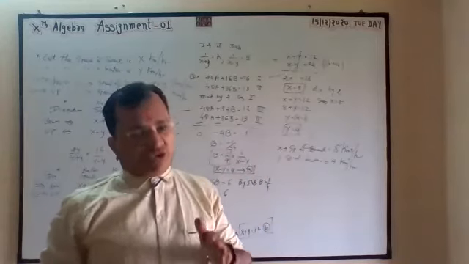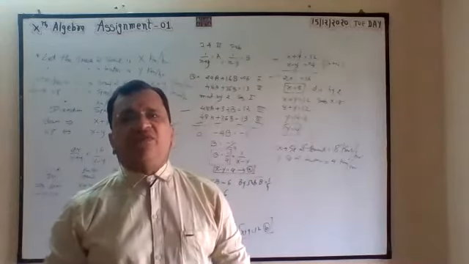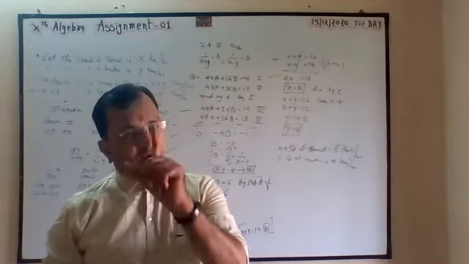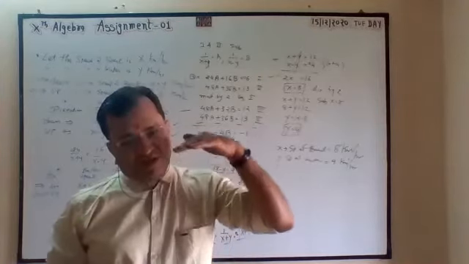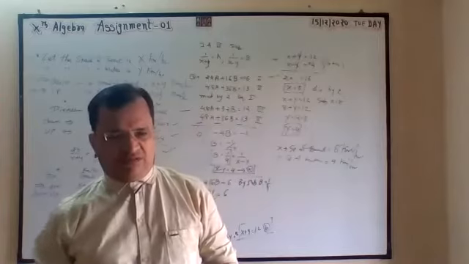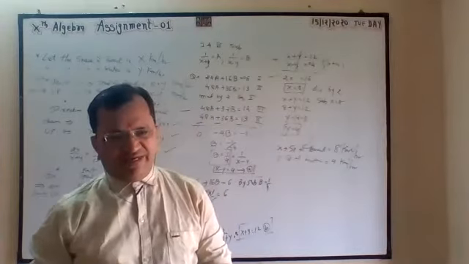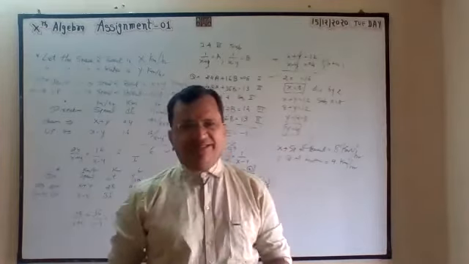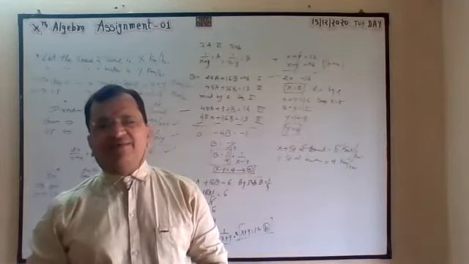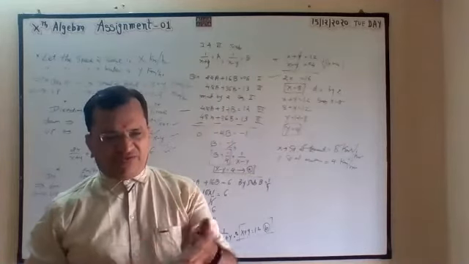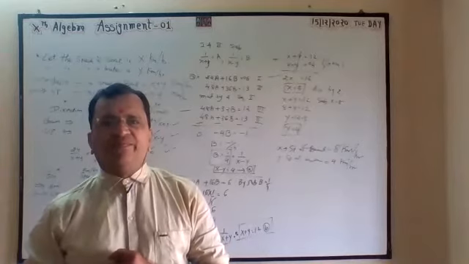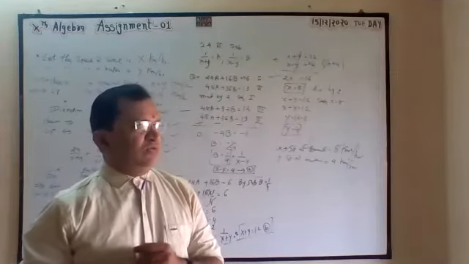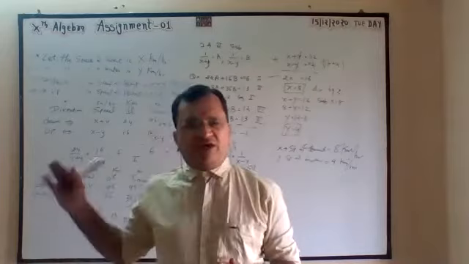So upstream means opposite to the flow of water, so minus. Downstream means in the flow of water. The picture is also given, but from that you can't make out which is up and which is down, because you don't know the flow of water. So that is very important, what you are considering.